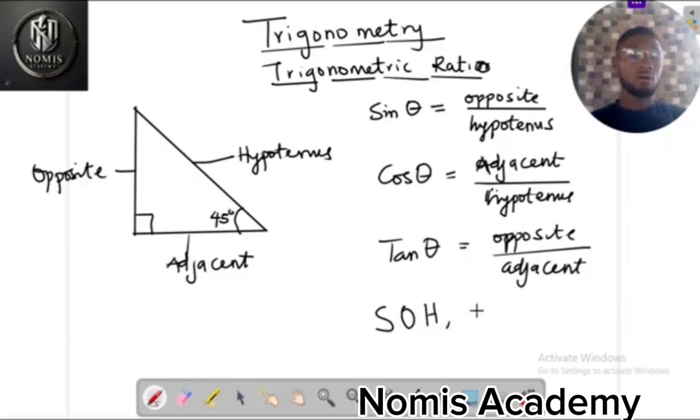And for cos, C is adjacent all over hypotenuse. And tan theta, tan T is opposite all over adjacent. And this is how we derived SOHCAHTOA. So this SOHCAHTOA tells the relationship of an angle with the sides of a right-angled triangle.